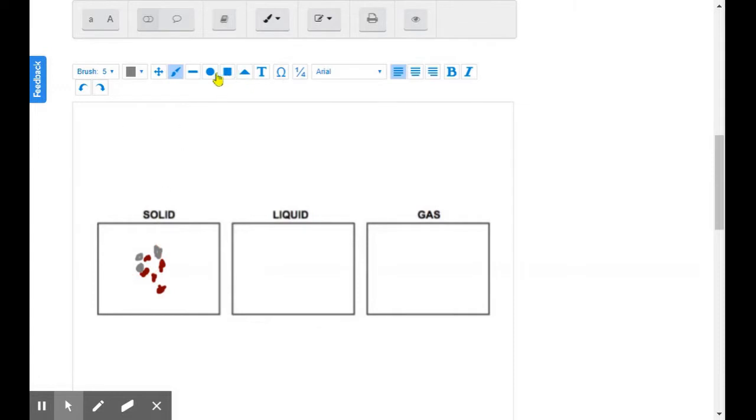You can also use the shape tool, and then if you wanted, you could Control-C copy, Control-V, and then you would have different grains that you could move about.